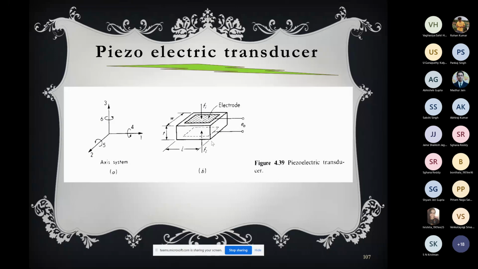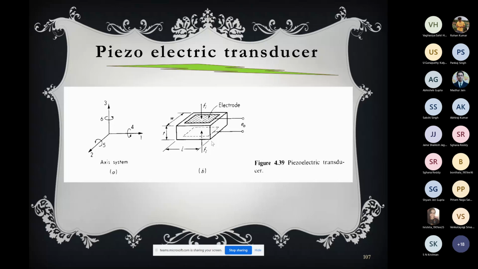So now, please listen carefully. The piezoelectric transducer, you know that in most cases the name itself suggests the principle of operation. The name is piezoelectric, right? So when certain solid materials are deformed, they generate electric charge.